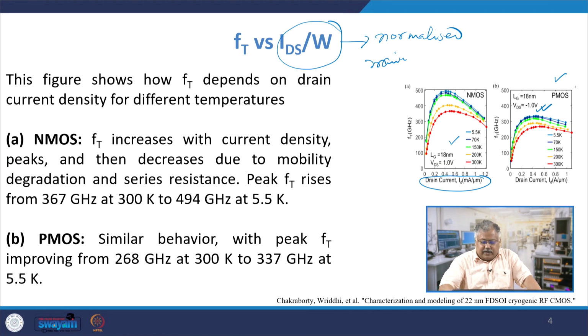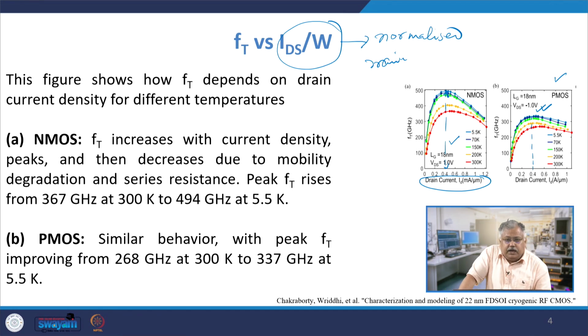When I say a particular limit, approximately 0.4 is the limit where I can see a reduction in the value of FT. So FT actually starts to go down after approximately 0.4 in case of NMOS, and typically somewhere around 0.3 to 0.4 in case of PMOS.